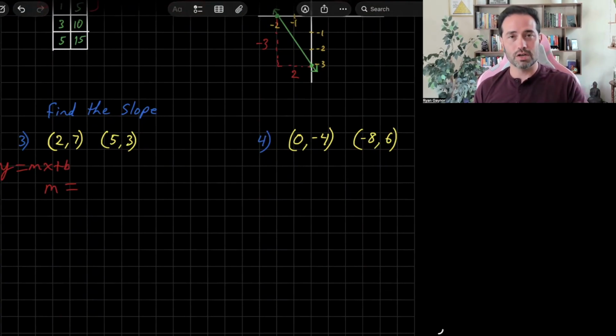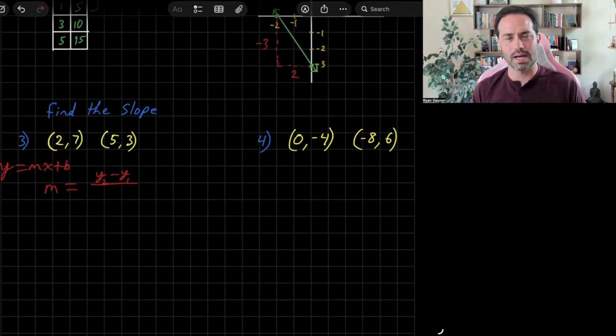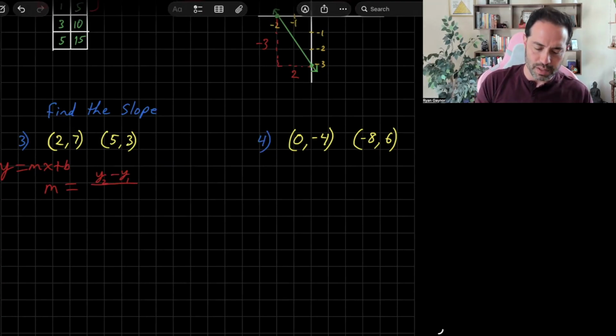M is for the slope, b is for the y-intercept. So we have y2 minus y1. I'm basically saying the second y minus the first y. And then it would be the second x minus the first x.